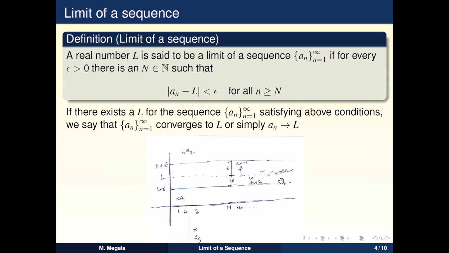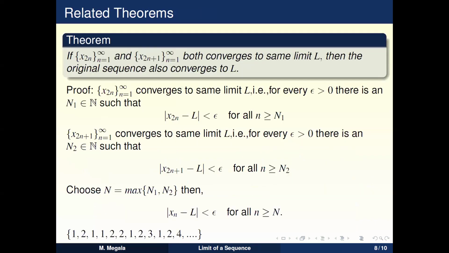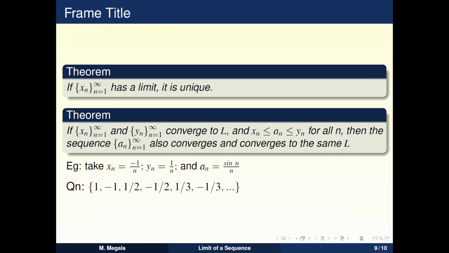And I know an is bigger than xn and lesser than yn. So that also will be inside this neighborhood, because the bigger element is there, the smaller element is also there, so the in-between number is also inside this neighborhood. This means that an also converges to L.